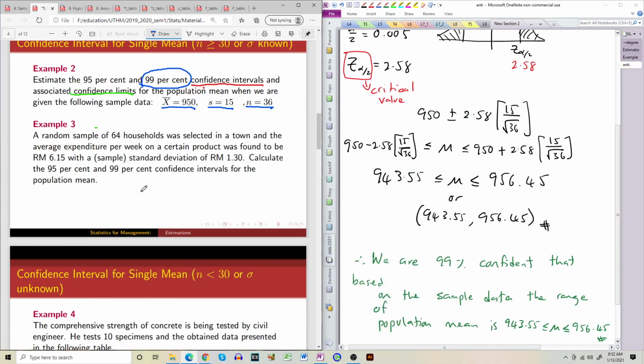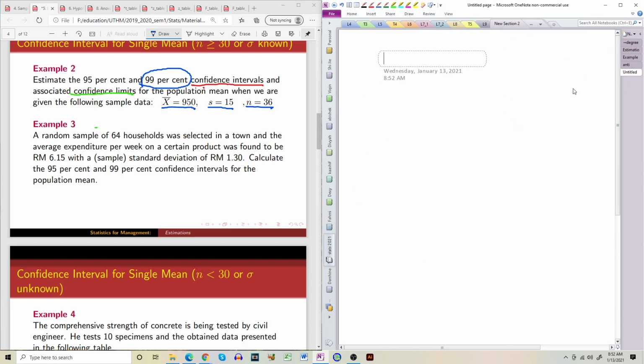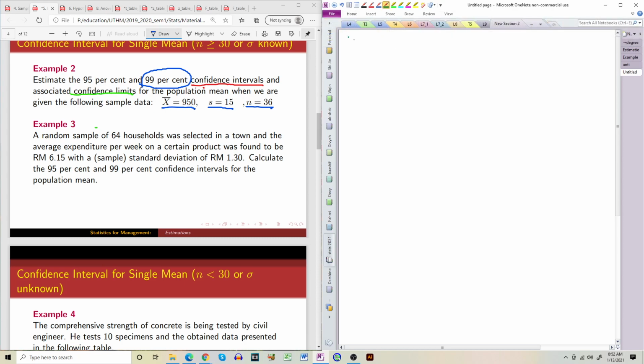We are doing example 3. Let me do example 3. 95%.